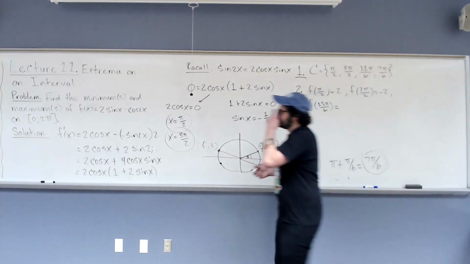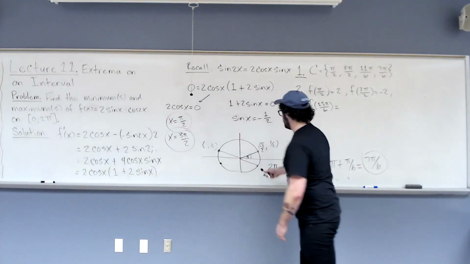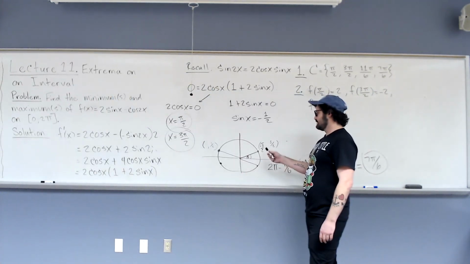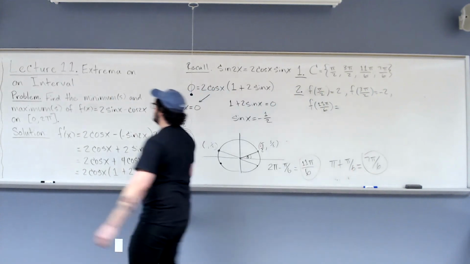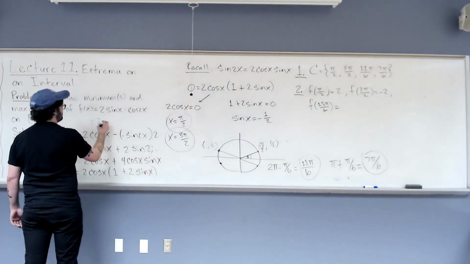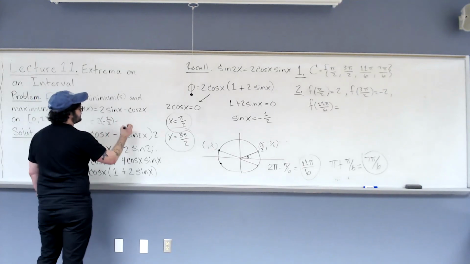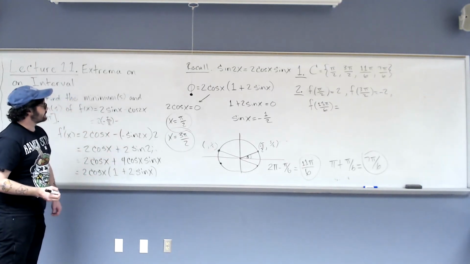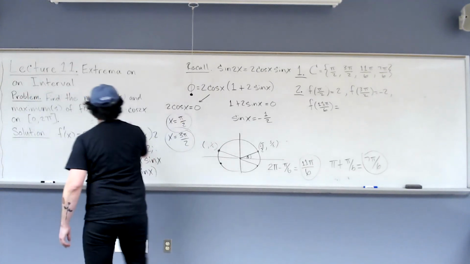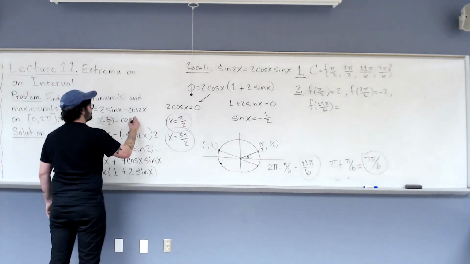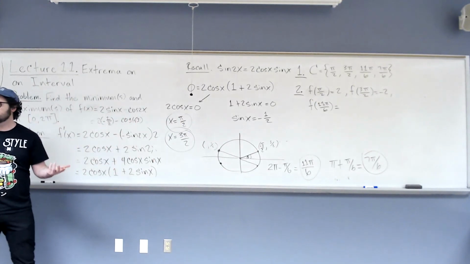So at 11 pi over 6, that's right there, it'll be √3/2 comma negative 1/2, right? So 2 times negative 1/2 minus the cosine of √3. Whatever that value is, if you had a calculator, you'd plug it in.